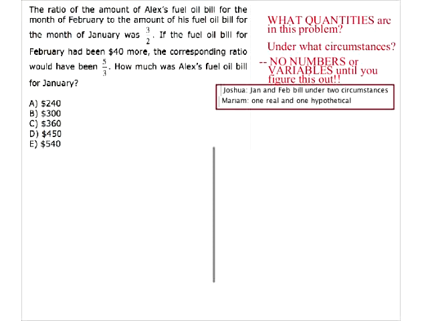So before you do any math, you should have this sorted out, where you're talking about January, February, and then you have an actual, and you have a hypothetical. You can also make this chart the other way. You could make it perpendicular if you wanted to, but that's the point. You've got to have this chart.